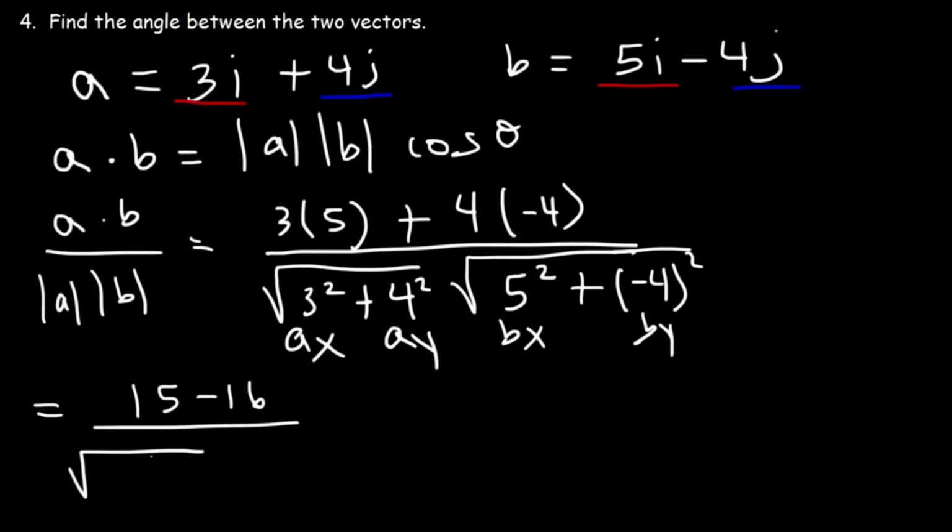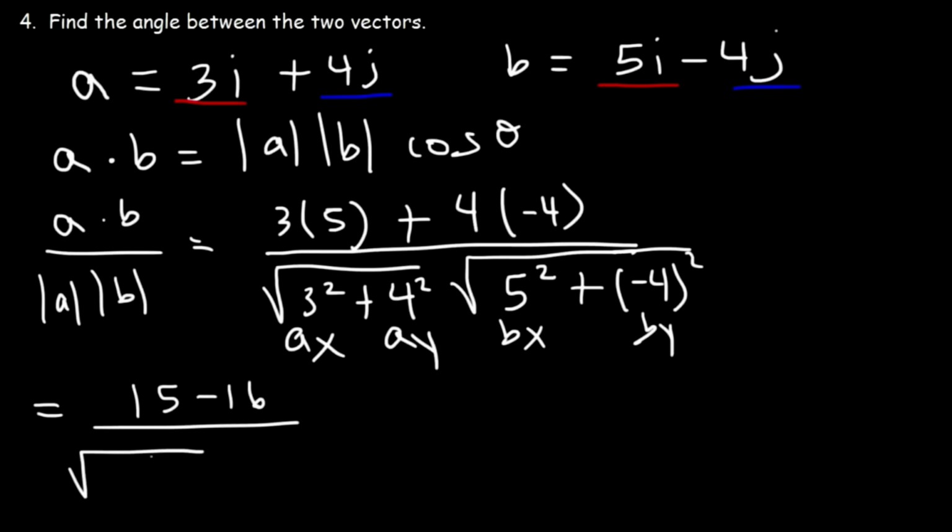Using this expression, how can we find the value of theta? Theta is going to be the arc cosine, or the inverse cosine, of what we have here. That is, of negative 1 divided by 5 root 41. Go ahead and type this information in the calculator. If you're not getting the answer, make sure you put this in parentheses, and make sure your calculator is in degree mode.